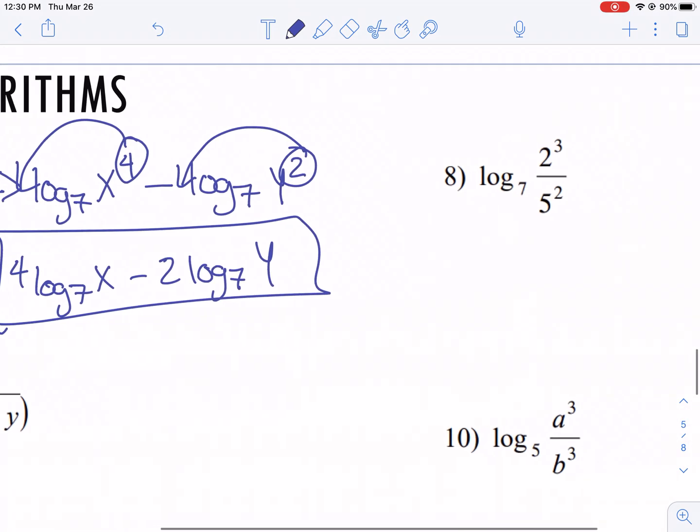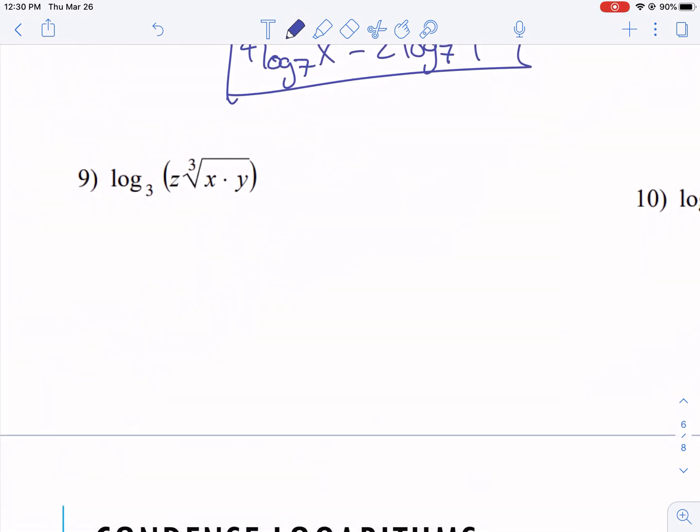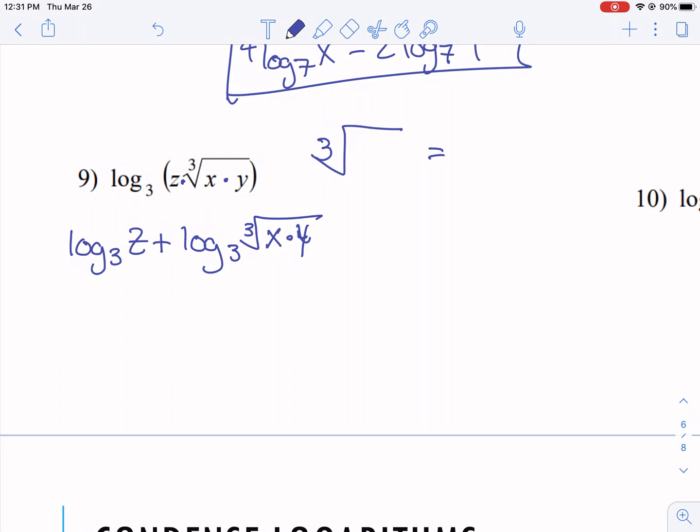Okay? All right. So let's look at this one and do this one together. So if I look here, again, this is all multiplying. So multiplying means we're going to add. And the reason why I broke this one up this way is I want to get rid of this cube root. And remember, the cube root of something means the same as raising it to a power of 1/3, okay?